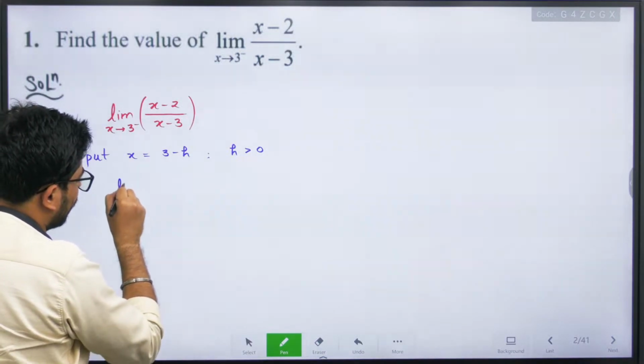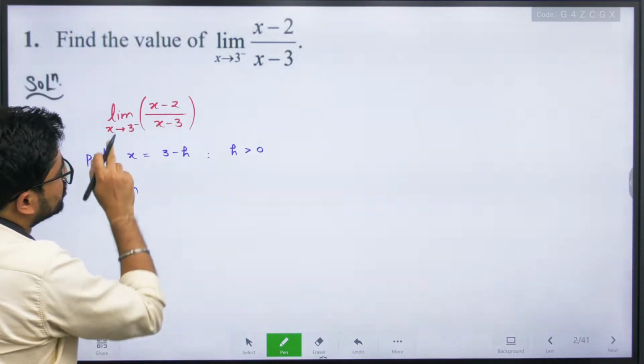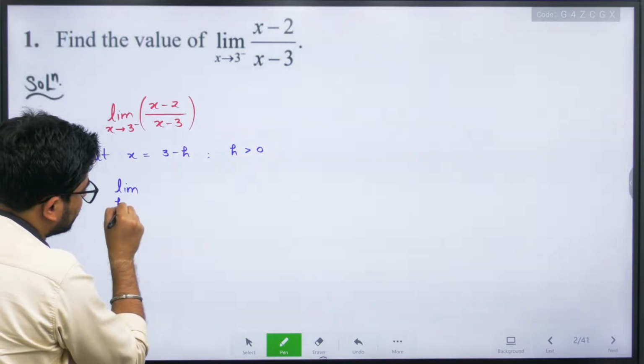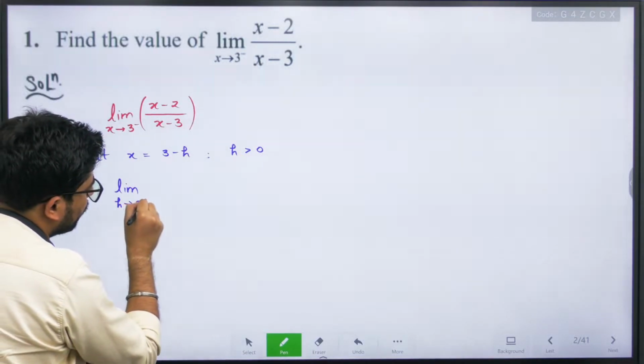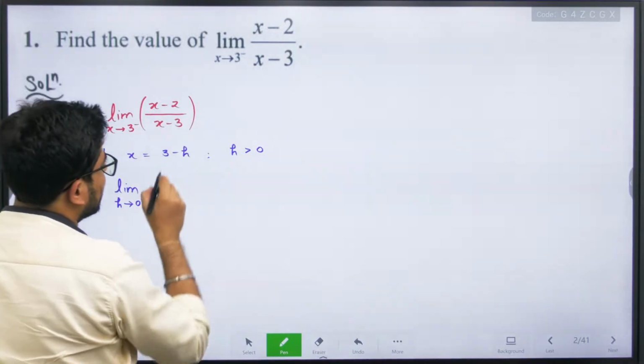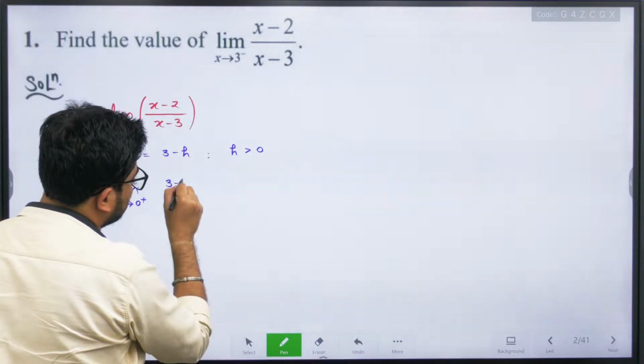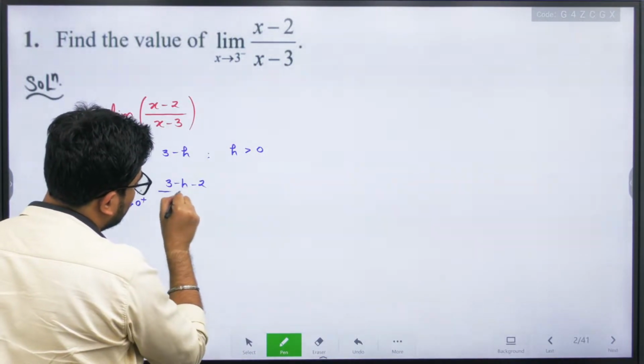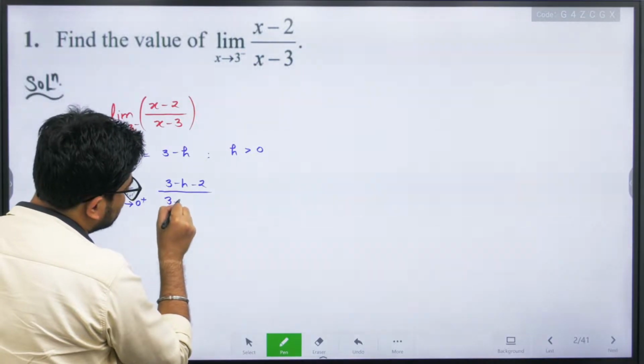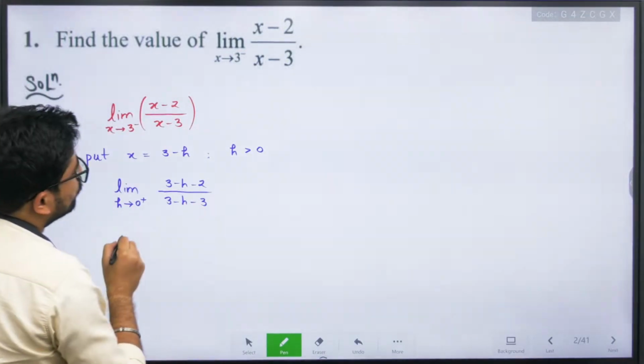So this limit is now limit x tends to 3 minus, so h tends to 0 plus. And x is 3 minus h, so this is (3 minus h minus 2) divided by (3 minus h minus 3).